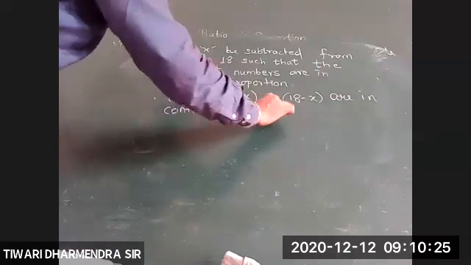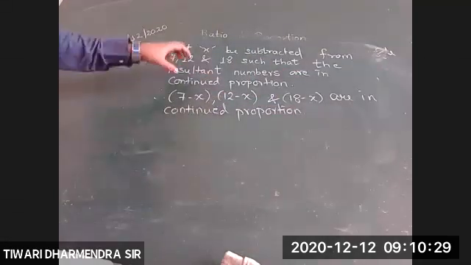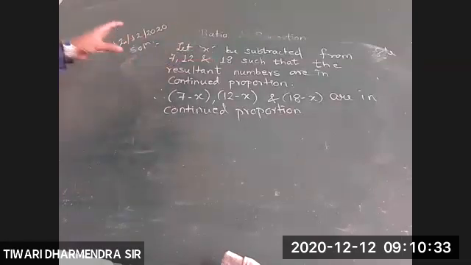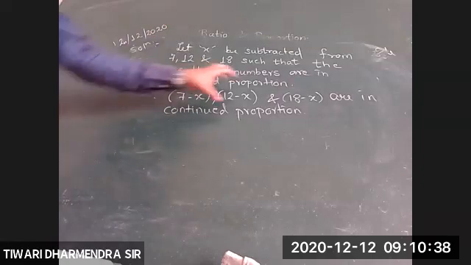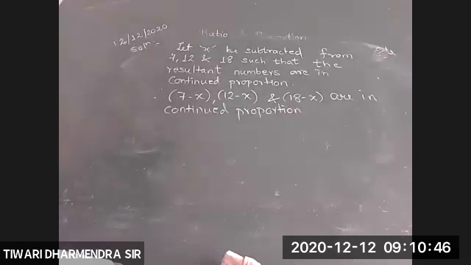Because of the question, what number should be subtracted from these three numbers so that they are in continued proportion? So we said let x be subtracted. After subtracting, the numbers will take the form of continued proportion. Now we are going to apply the concept of continued proportion, that is geometric mean, or you can say mean proportional.